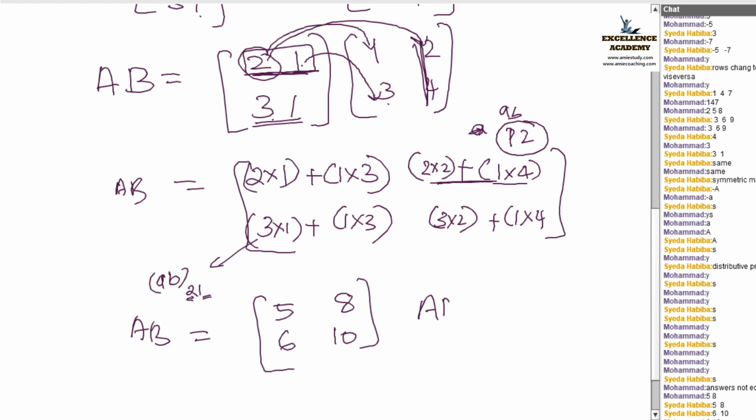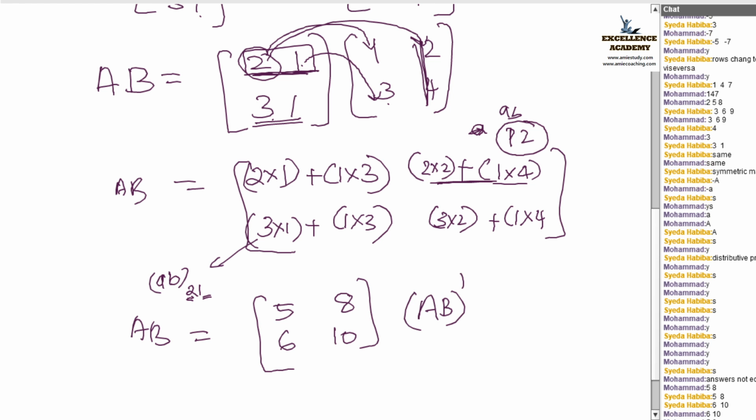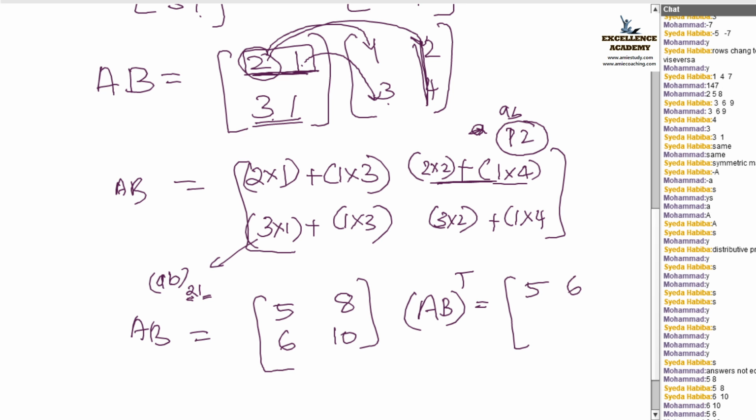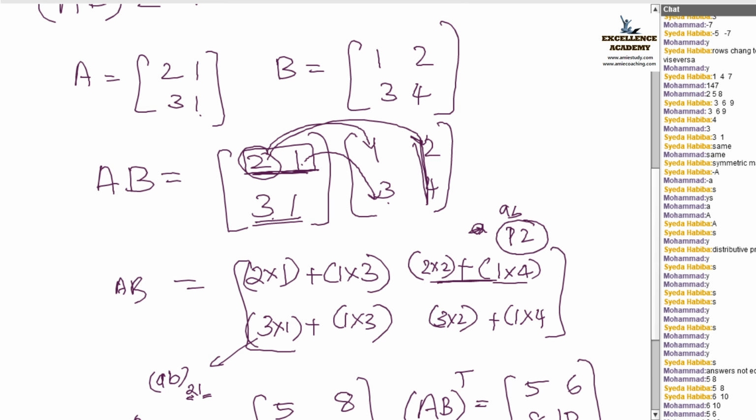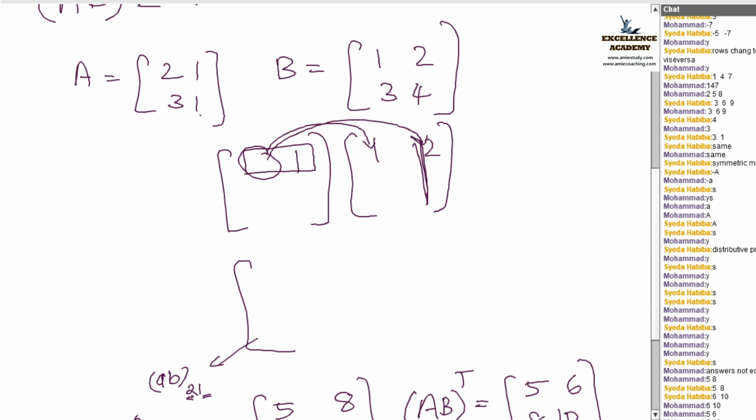Therefore, what about AB transpose? What about AB transpose? 5, 6, 8, 10. Okay. Next one is to find out A transpose into B transpose, isn't it? A transpose into B transpose.